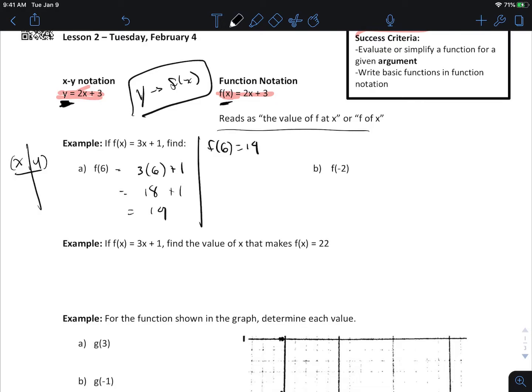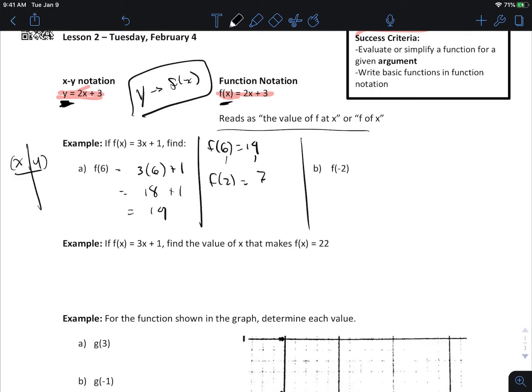That tells me when x equals 6, the y value is 19. And maybe I'm interested in f of 2. What's the value of the function when x equals 2? Well, plug it in: 3 times 2 is 6, plus 1 is 7. It's a little nicer than writing a table of values.